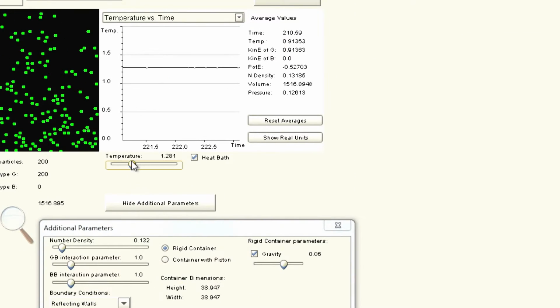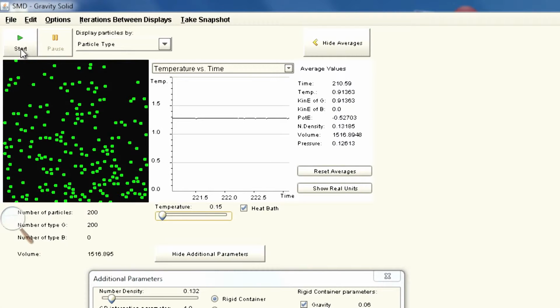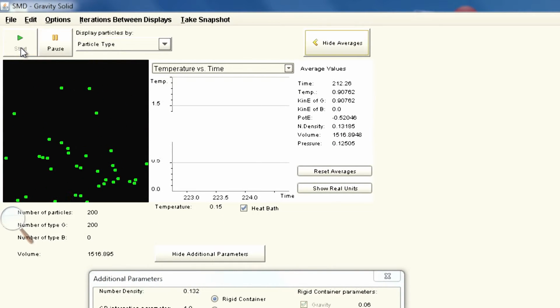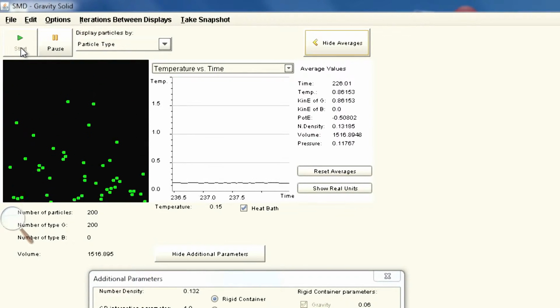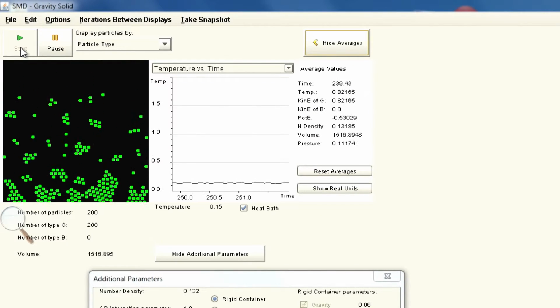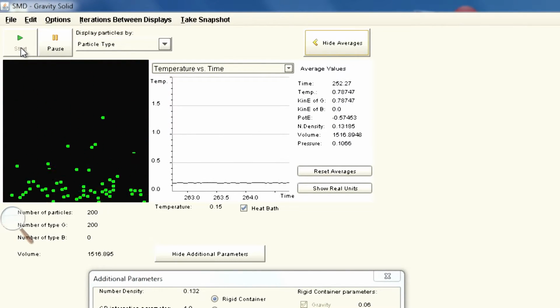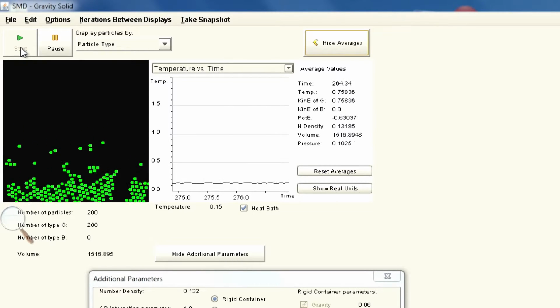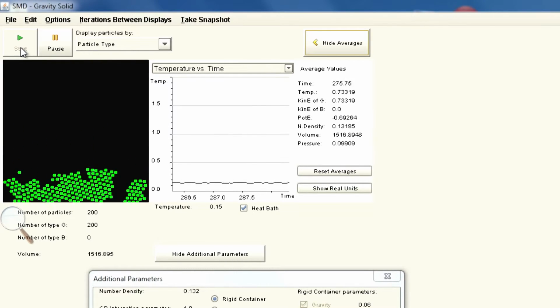We are going to now try to freeze it again and see what happens because of the gravity. Now here is a very interesting phenomenon you are observing: while this gas is becoming solid, because I again put the low temperature, it is going back to the crystalline phase, although it is not going back to the original point of the same thing, but now you can see the same liquid-like phase coming up here.